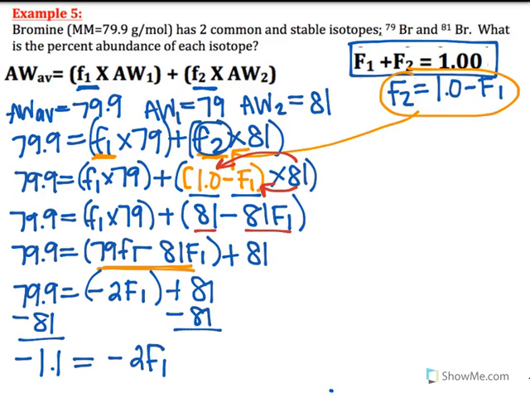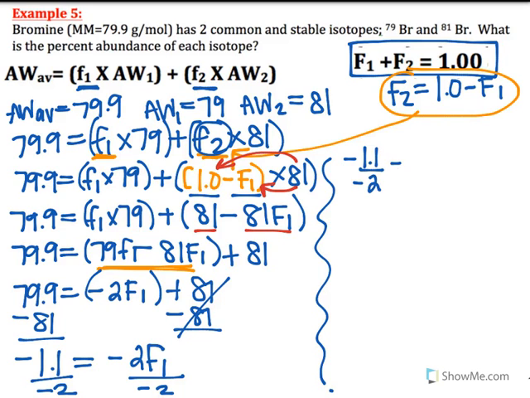We're left with negative 1.1 equals negative 2 F1. So dividing both sides by negative 2, I'm just going to continue over here. We know that negative 1.1 over negative 2 equals F1, or that equals 0.55.